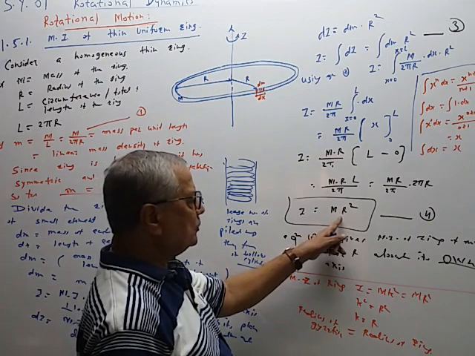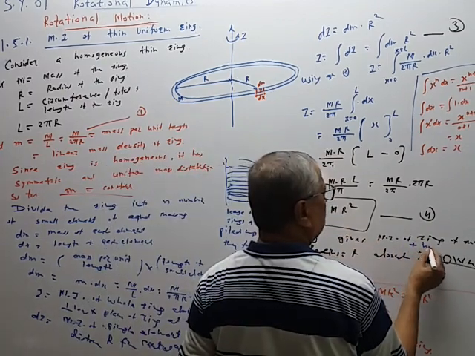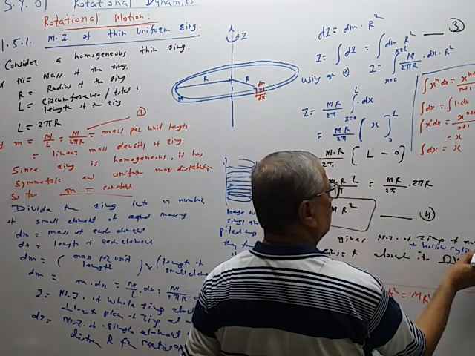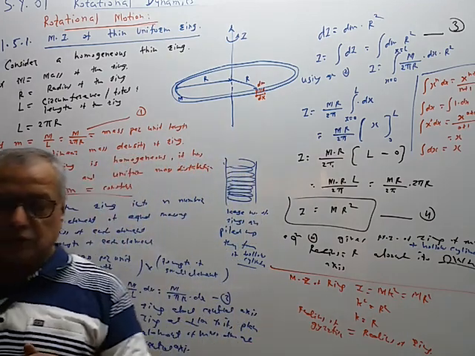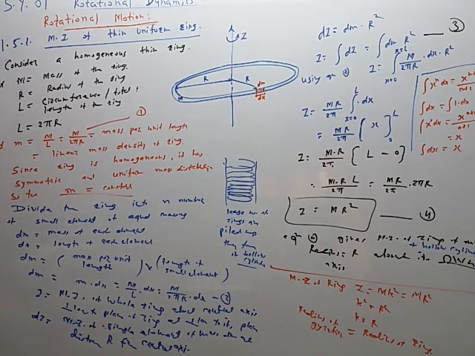So this formula is used for ring as well as for hollow cylinder like this. So MI of the ring and MI of the hollow cylinder, the formulae are same.